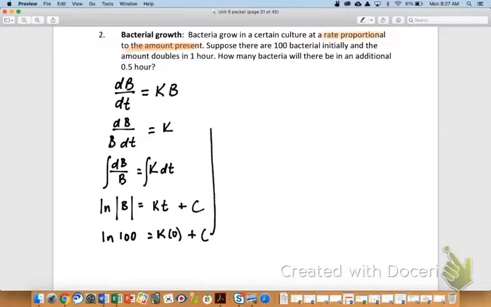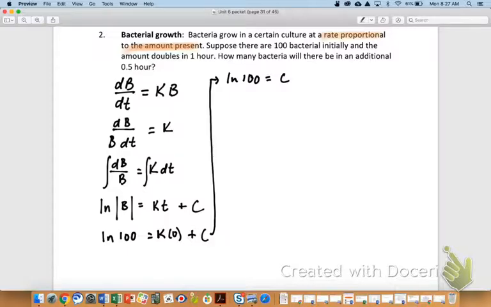And I will come up here. I have a little bit more room. So k times 0 is just 0. So I get natural log of 100 is equal to c. Well, that's good news. So let's see here.